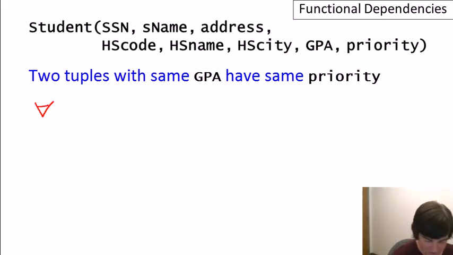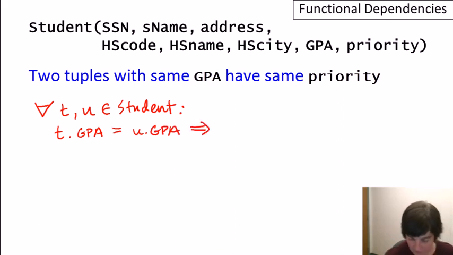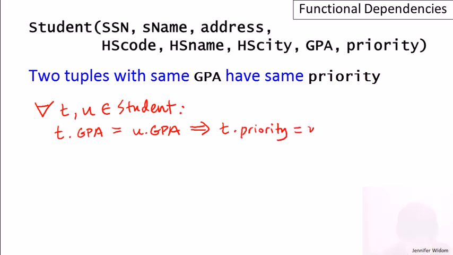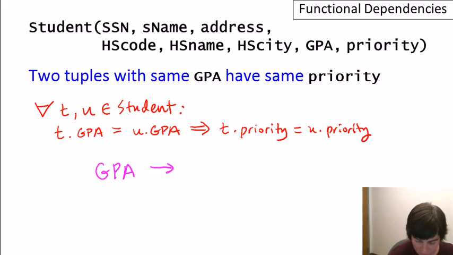I'm going to use the for all symbol from predicate logic: for all t, u, tuples in the student relation, if t.gpa equals u.gpa, then, and this is the logical implication symbol, t.priority equals u.priority. So this logical statement is in fact the definition of a functional dependency, and we would write that functional dependency as GPA arrow priority.